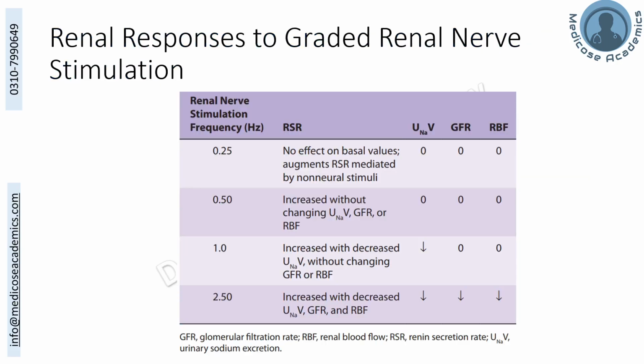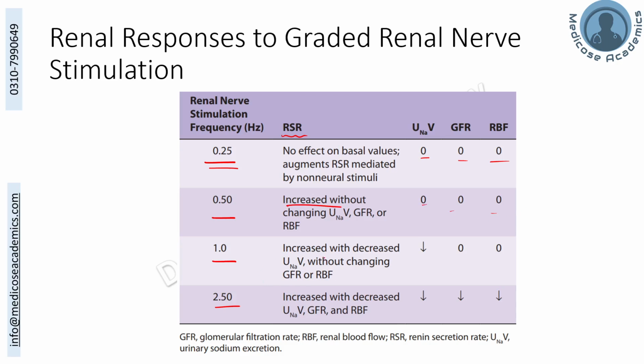Renal responses to graded renal stimulation: you can see in case of successive increase in renal sympathetic nerve stimulation, at this frequency there was no impact on reabsorption, GFR, or renal blood flow. Later on, the renin secretion rate was increased, but still there was no impact on urinary excretion rate, GFR, or renal blood flow.